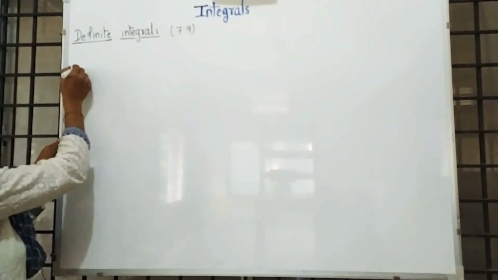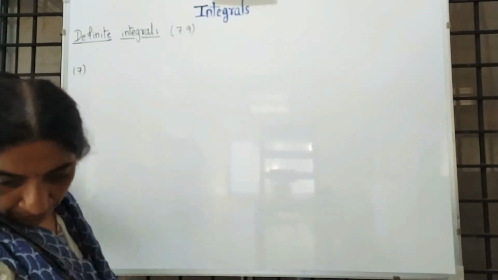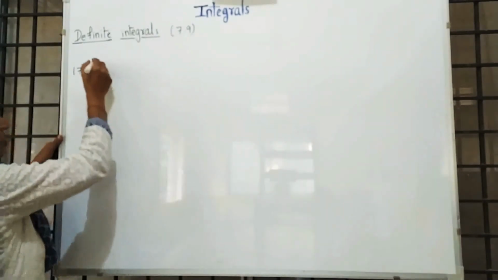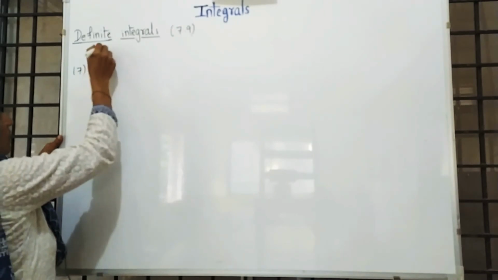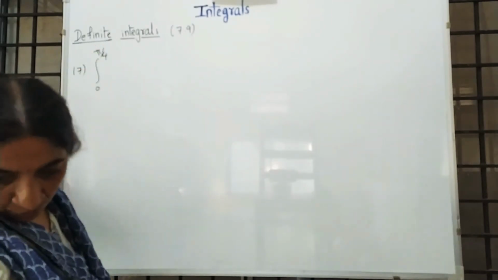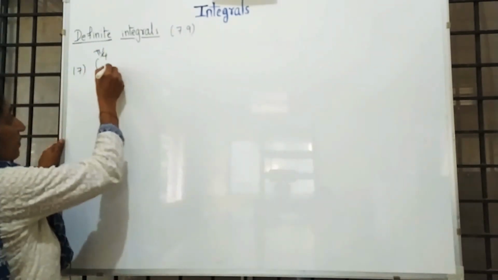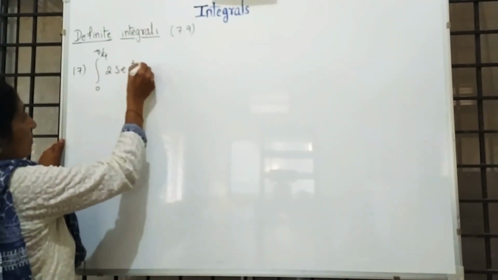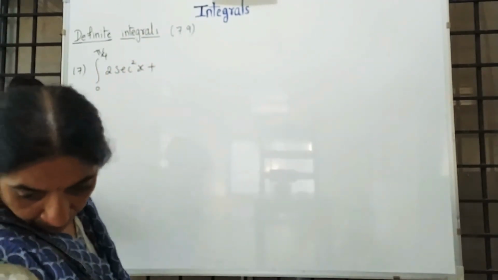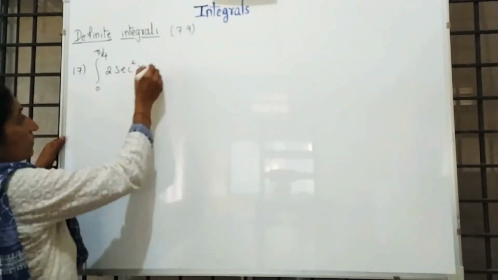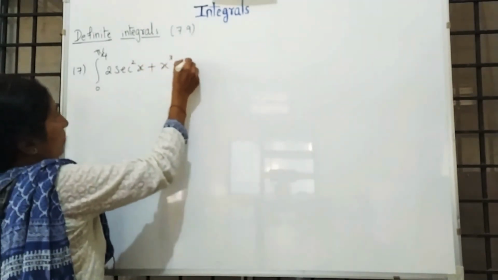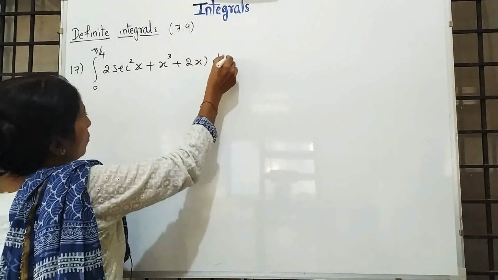Integration from 0 to π/4 of 2 sec²x + x³ + 2x dx. So here, 2 is constant, the integration of sec²x is tan x from 0 to π/4.